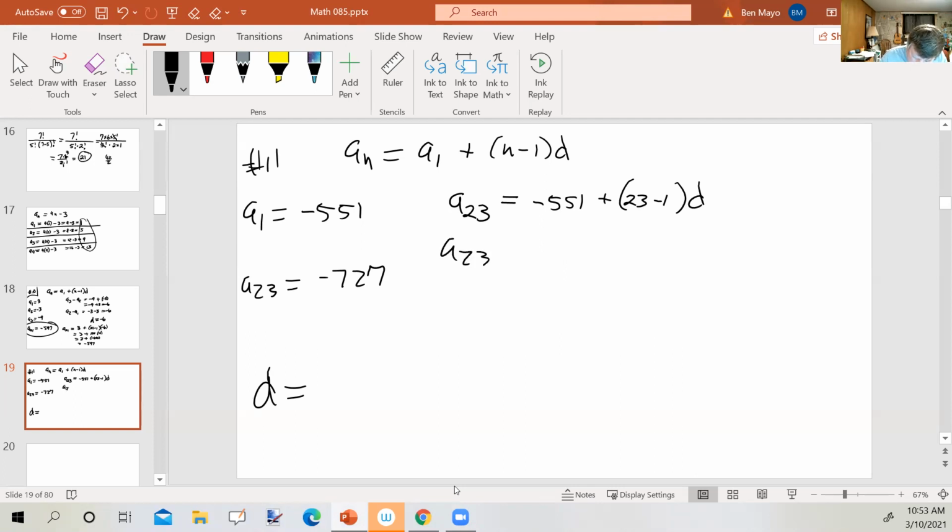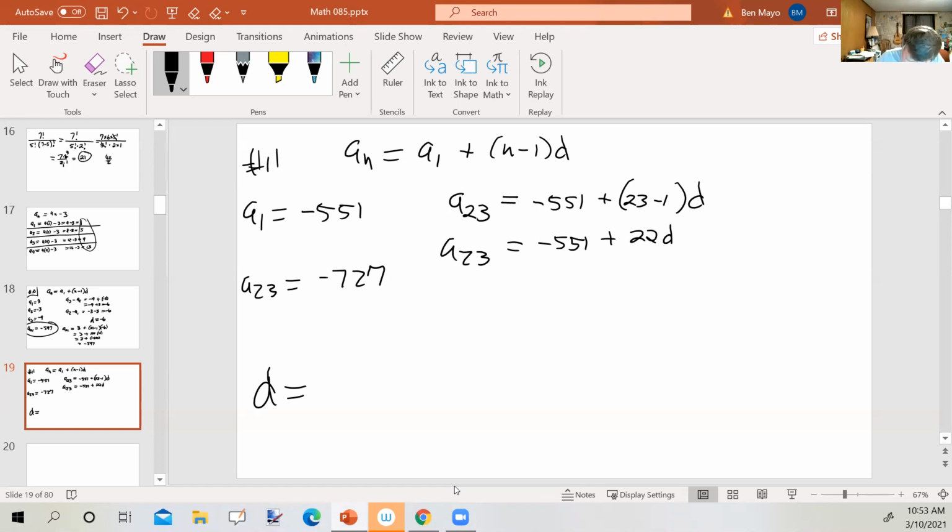So a sub 23 equals negative 551 plus 22d. Okay, so putting that in, I now have an equation involving a sub 23. It's equal to negative 551 plus 22d.